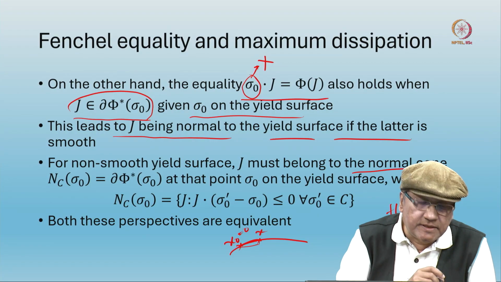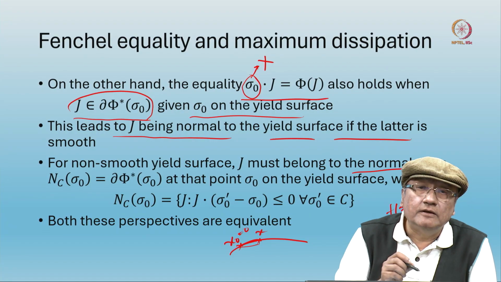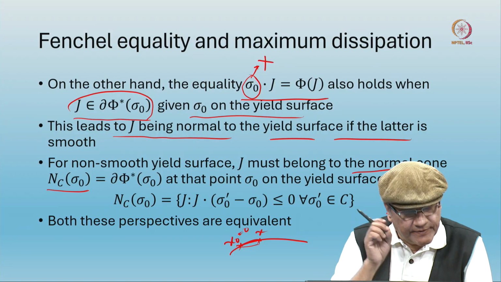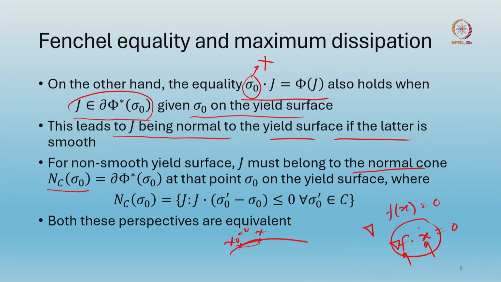The normal cone in this particular case for plasticity is defined for any sigma 0 on the yield surface as NC sigma 0. If that sigma 0 on the yield surface is a point of discontinuity or non-smoothness, then del phi star of sigma 0 is a set, and that set is the normal cone. I will give you a more intuitive and image based description of this later on. So, basically the normal cone is a subdifferential of phi star.